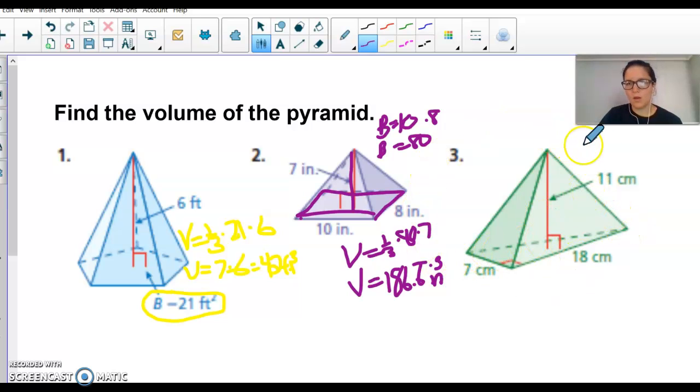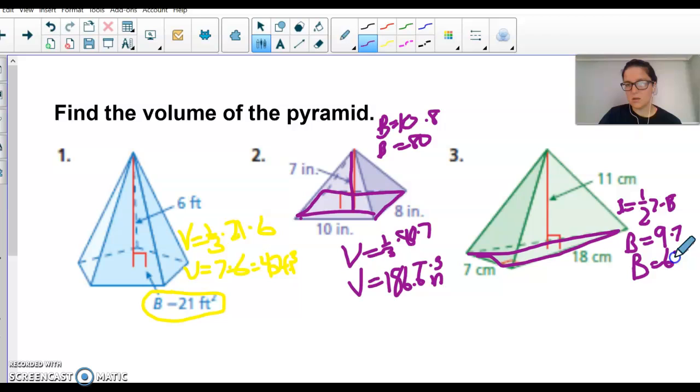Alright, and then the last one we're going to do, the base is a triangle, so it's a triangular pyramid, and the area of the base is 1/2 times 7 times 18. I'm going to do 1/2 of 18 because that's an even number, so that's 9 times 7, so the base is 63.